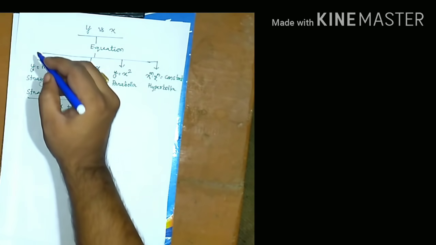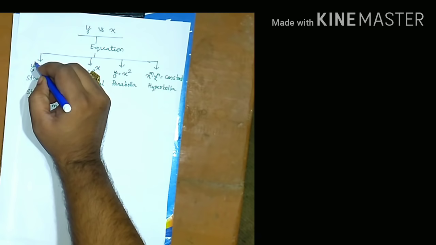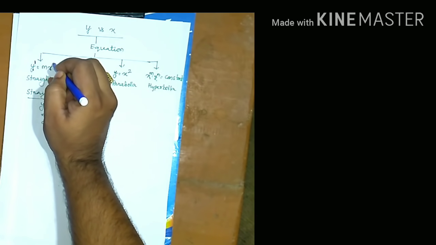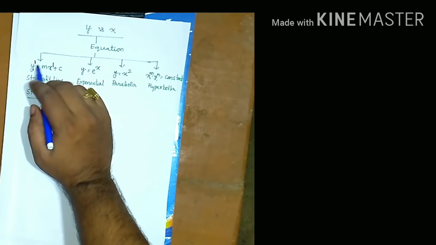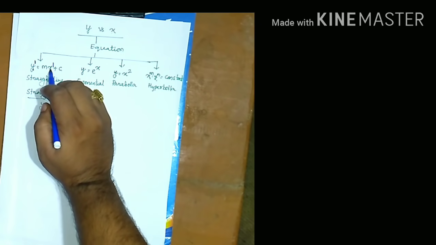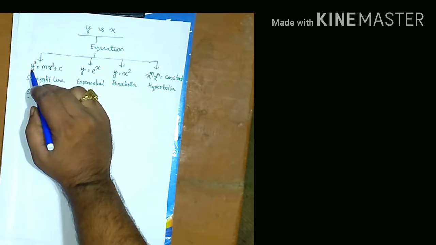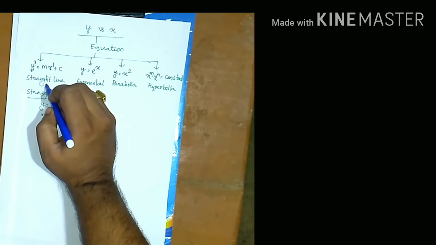and when their coefficient or exponent is 1, meaning the power is 1, when the power is 1 of independent variable and dependent variable, then that is called a straight line graph.